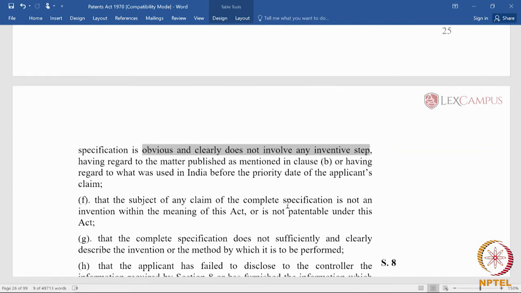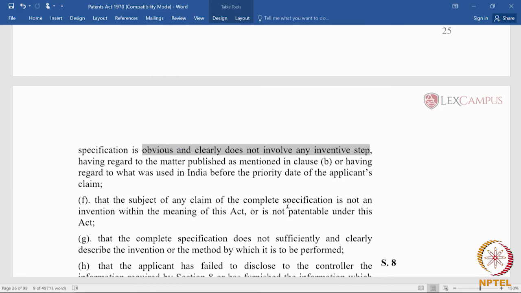Now, you have to compare this with the ground for lack of inventive step in section 64. In section 64 there is a very elaborate ground. You will find that the cross reference to this provision will be section 64(1)(f).